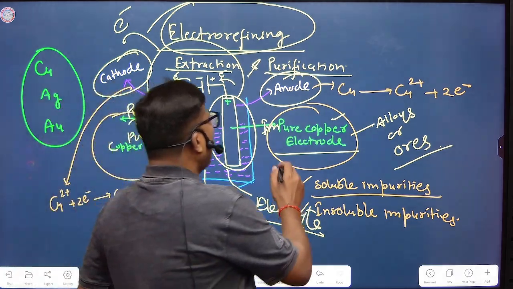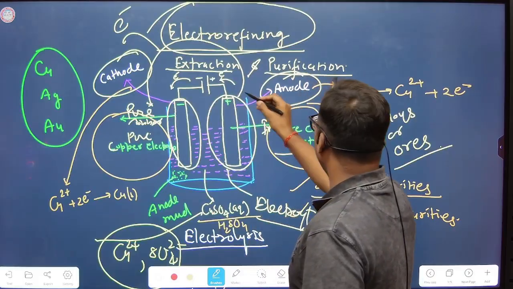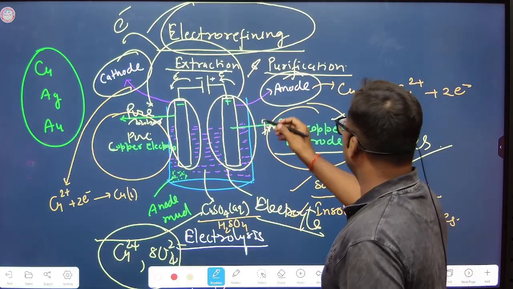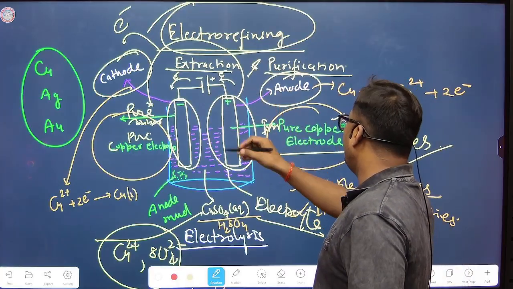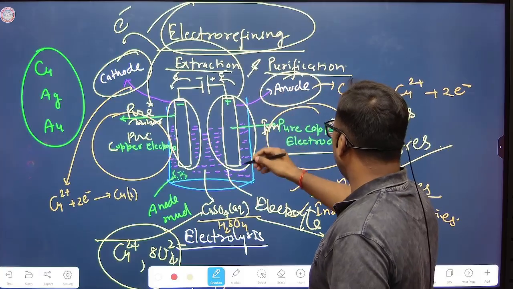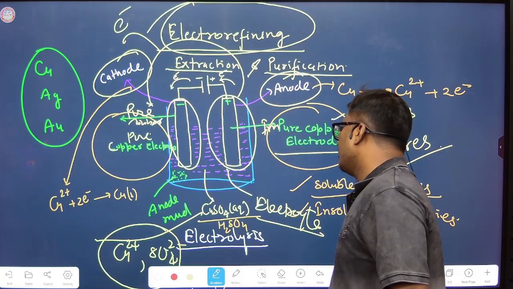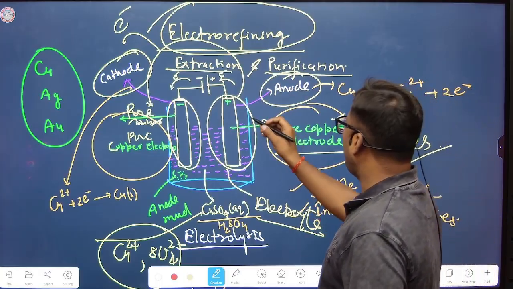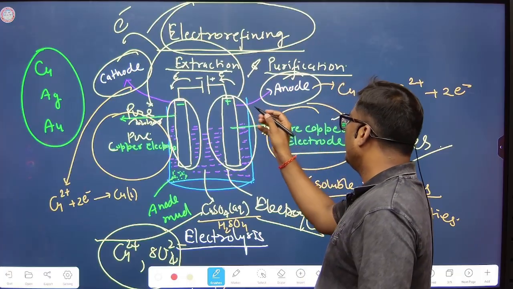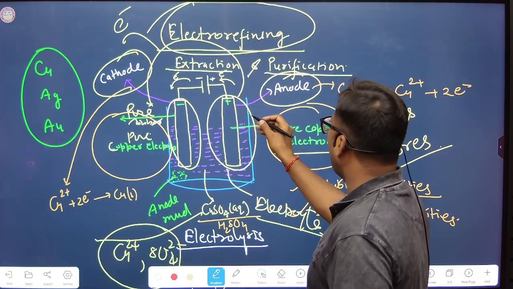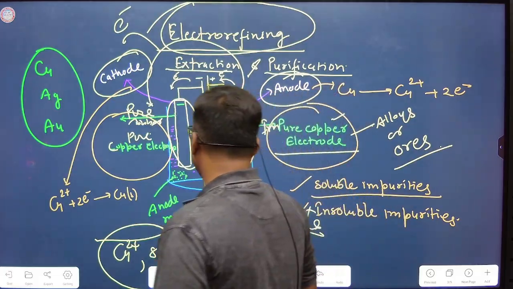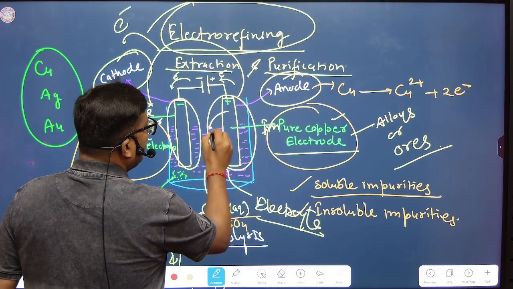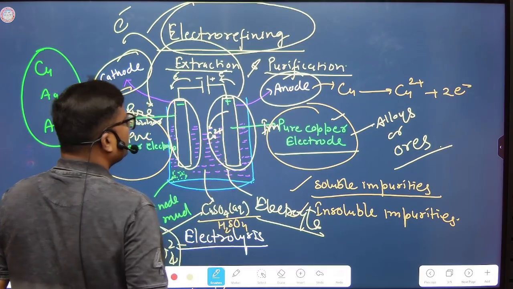From the impure copper electrode, right? This impure copper electrode or copper alloy is dipped in the copper sulfate solution. By the like-dissolves-like phenomenon, some copper atoms get dissolved as copper 2+. So it is coming from this strip as copper 2+, right?